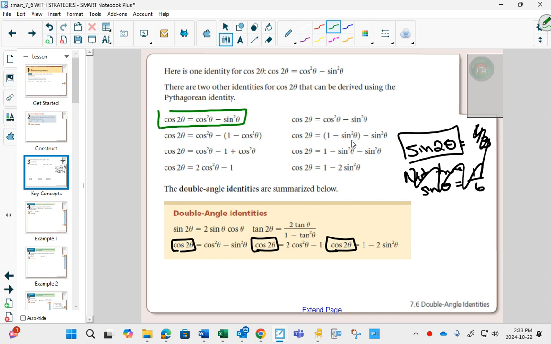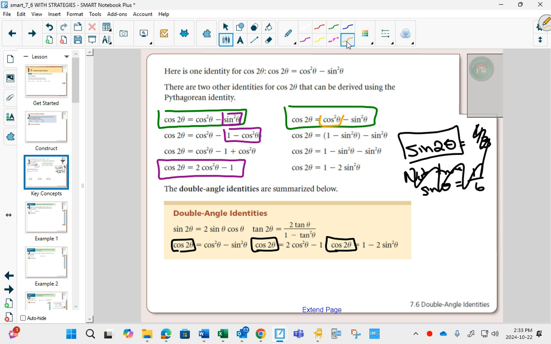If I started with cos of 2 theta equals cos squared theta minus sine squared theta, I could replace the sine squared theta with 1 minus cos squared theta. And if I did that and combined my like terms, I would get this version. Similarly, if I start with this and replace the cos squared theta with 1 minus sine squared theta and combine my like terms, I would get the orange version.